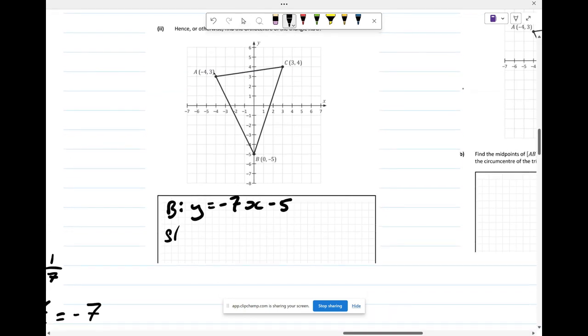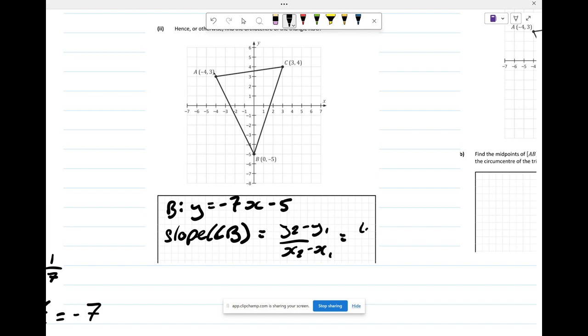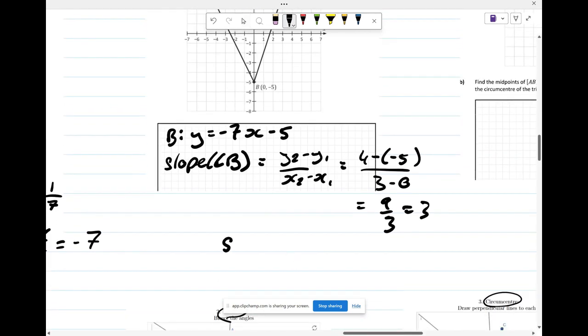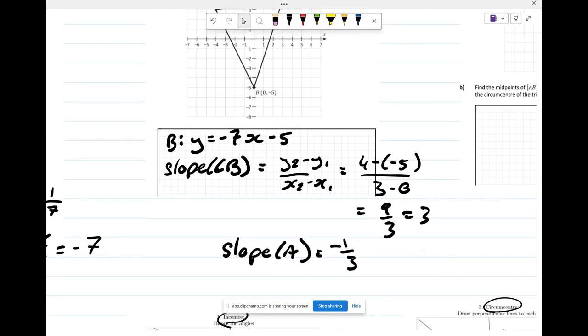So let's find the slope of C to B. That's going to be y2 minus y1 over x2 minus x1. That's going to be 4 minus minus 5 over 3 minus 0. So that's going to be 9 over 3. That's going to be 3. And so our slope of the line that goes through A is going to be flip it upside down and then change the sign. So it's going to be minus 1/3.